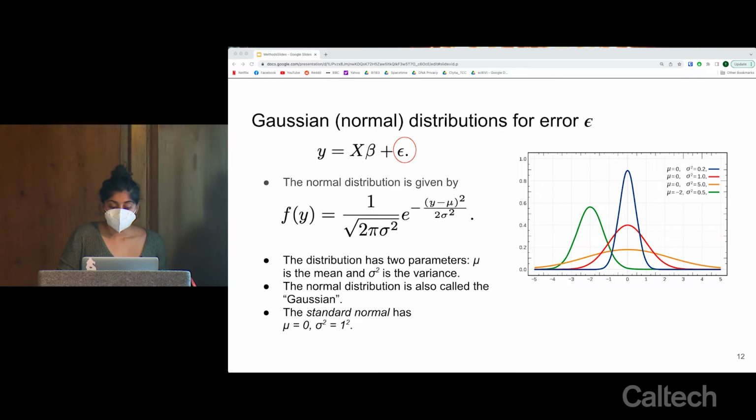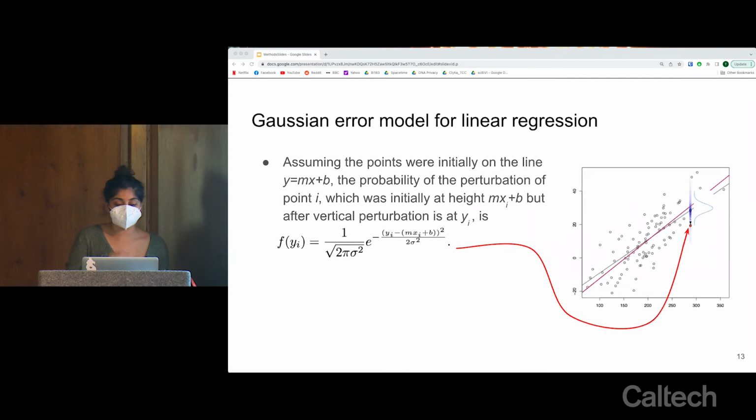What this means in the context of regression is that you're assuming there is some mx plus b true solution, and your y is perturbed by some amount that is Gaussian distributed, and thus for the probability of your y, you can plug that directly into the likelihood formula, which is the value minus what you think the true mu is.